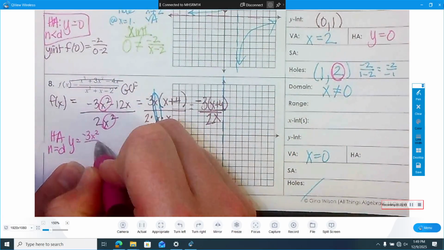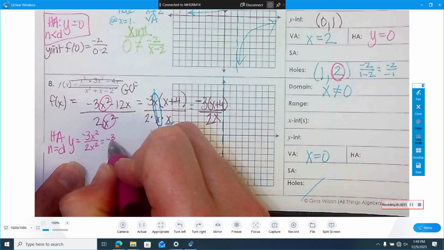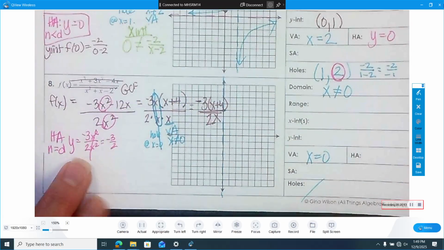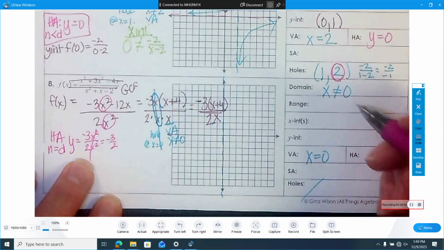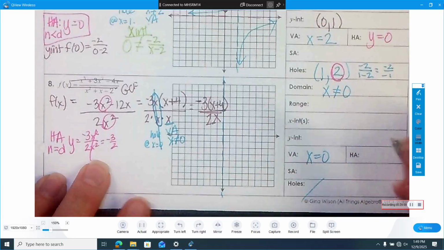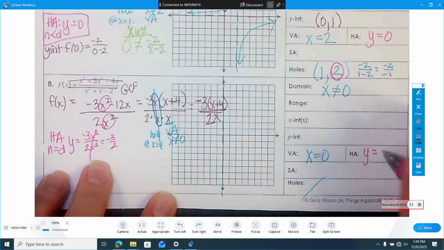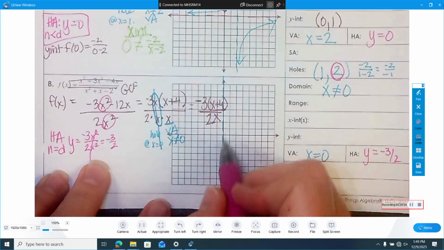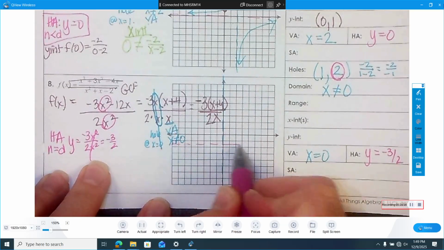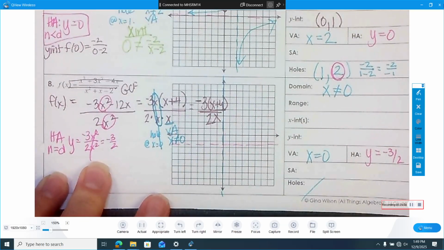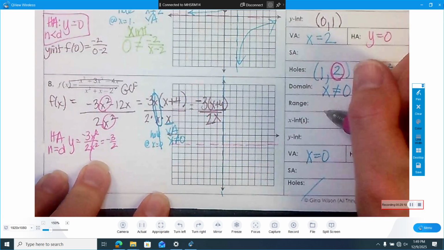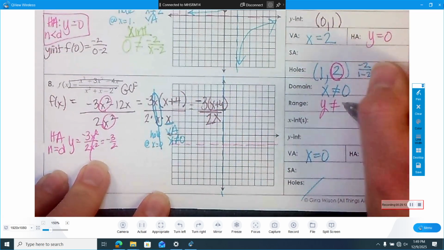Negative 3x squared over 2x squared cleans up. Those x squareds reduce, and we just get negative 3 over 2. So we have a horizontal asymptote of y equals negative 3/2. That's negative 1.5 right there, which means our range y cannot equal negative 3/2.